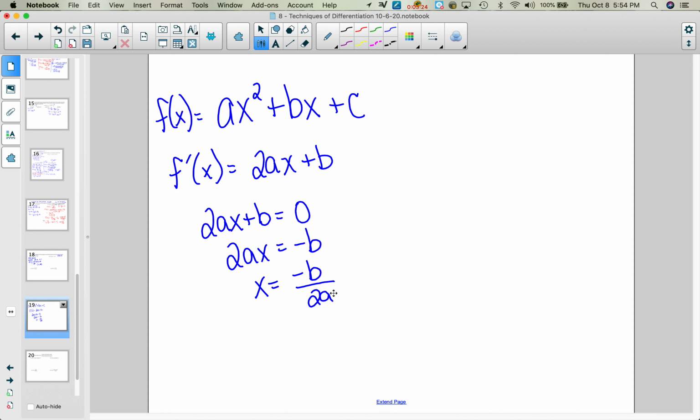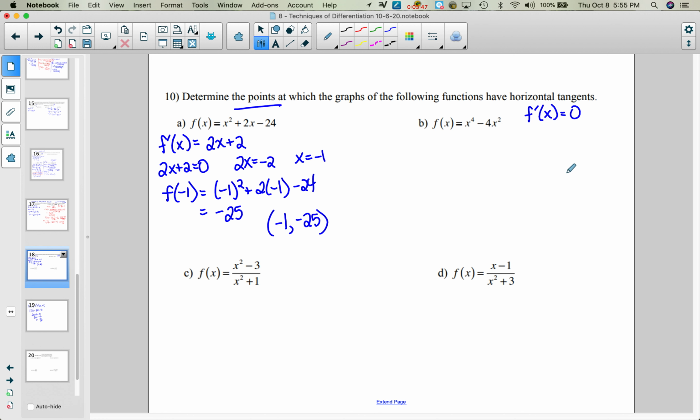Remember how in Algebra 2, that's how we found the x-coordinate of the vertex, by doing the opposite of b over 2a. You didn't really know why. Now you know why with calculus, because if we take the derivative and set it equal to 0, that's what we get. And I hope at least one of you gets excited about that, because it's just kind of cool when you see how math works. Okay, so now I'll move on.